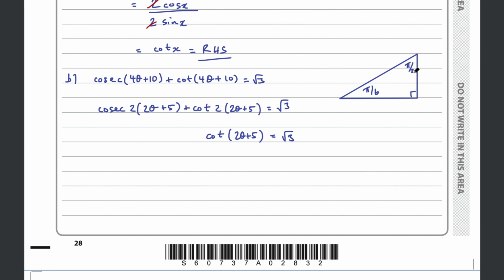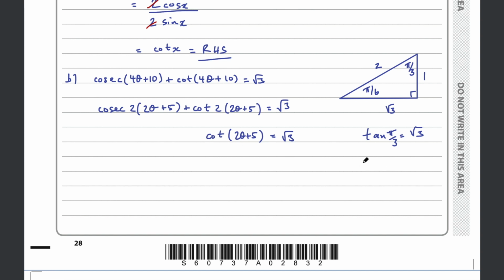This right angle triangle has sides 1, 2, root 3, and the cotangent, as we said before, is related to the tangent function, and the tangent function is the opposite side over the adjacent side. So the tan of pi on 3, for example, is root 3 on 1, or root 3.